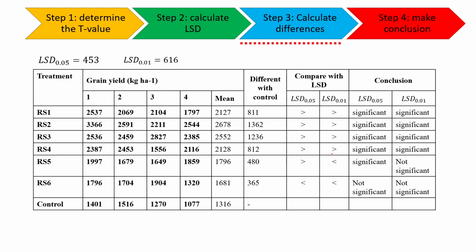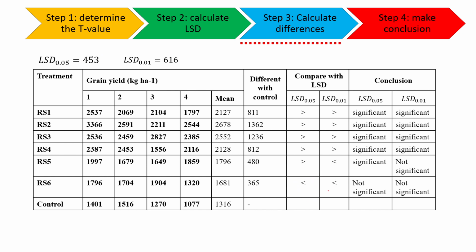So do for the rest, and for RS5, 480 is definitely larger than LSD 0.05, but 480 is smaller compared to the LSD of 1% significance. So therefore it has a smaller sign. Whereas RS6, 365 is smaller compared to both LSD values of significance level 5% and 1%.